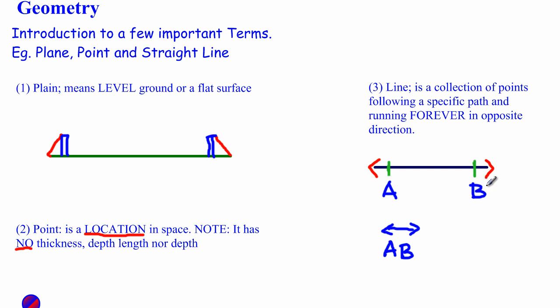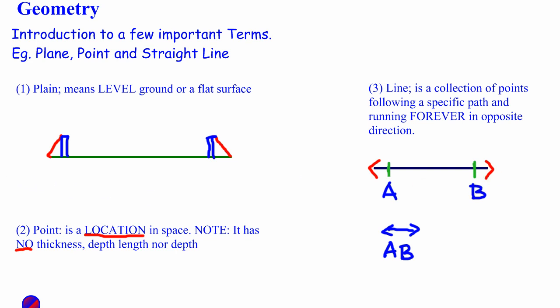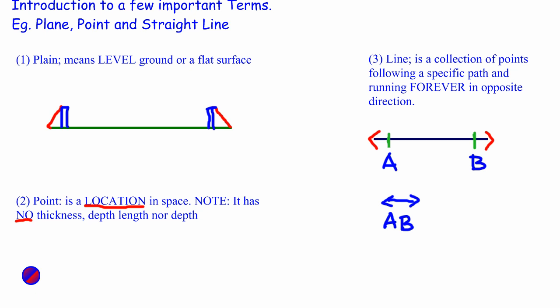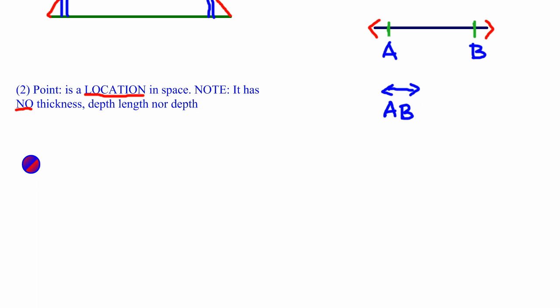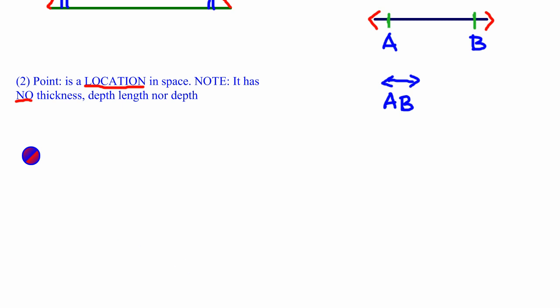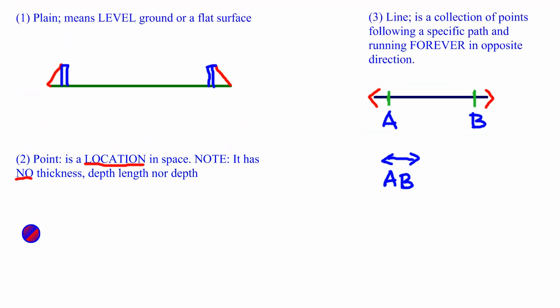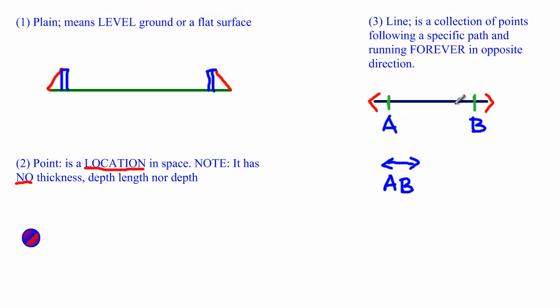Another important note when working with lines is that there are different types of lines we should be aware of, and I'm just going to run through them very quickly. The first one I would like to look at is the horizontal line. The line that we have drawn here just now is a horizontal line.